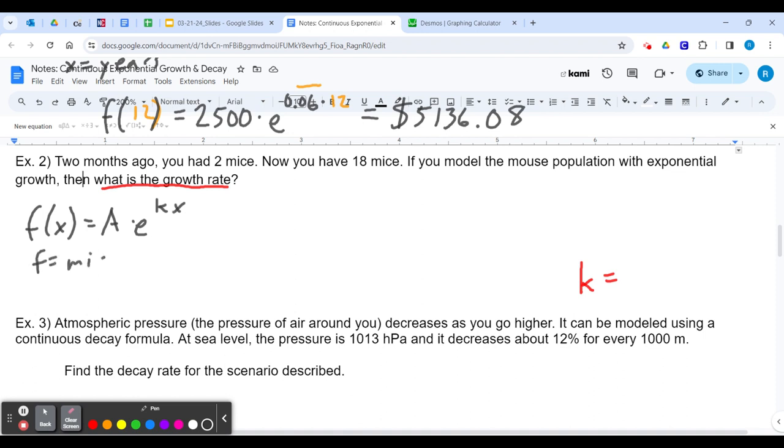F is equal to mice. And it doesn't give us a time. Oh, no, it does with months. So my x is going to be months. Now, it looks like we start with an initial amount of 2. So I know that a is equal to 2. However, I don't know what the k is. We're trying to find that.